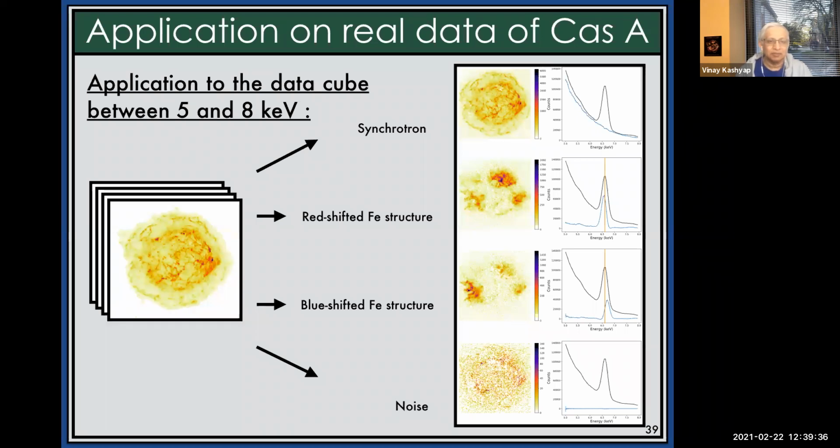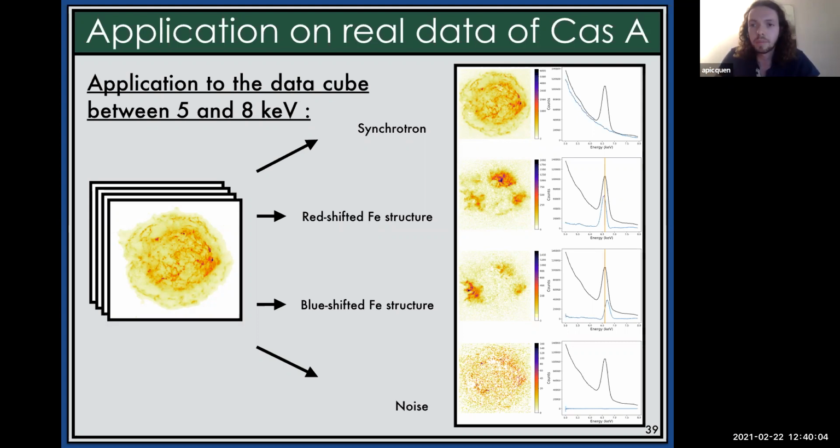Did you have to tell it to find 4 components when you ran this, or how did you find these red and blue shifts? You know, there's a synchrotron component, the redshifted and the blueshifted. And you said that you had to specify the number of components beforehand, right? Okay, because actually it's something I didn't say. It's very, very fast running.